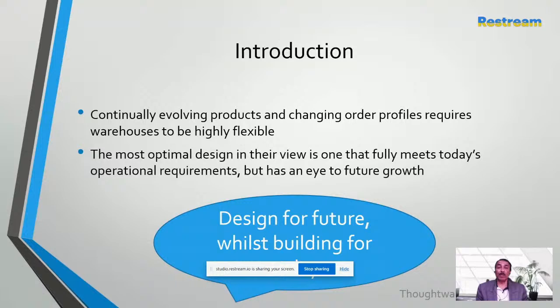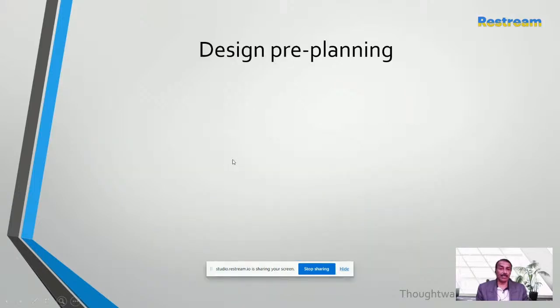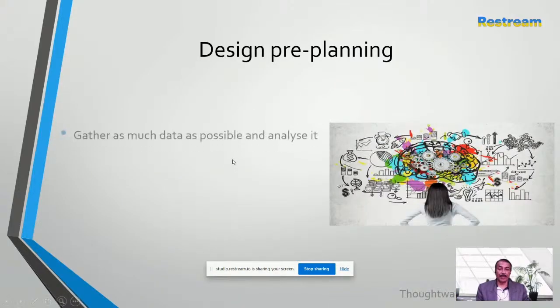The most optimal design, in their view, is one that fully meets today's operational requirements but has an eye for future growth. So you should be able to accommodate any changes which may happen in the coming months or years. Going next, design pre-planning.